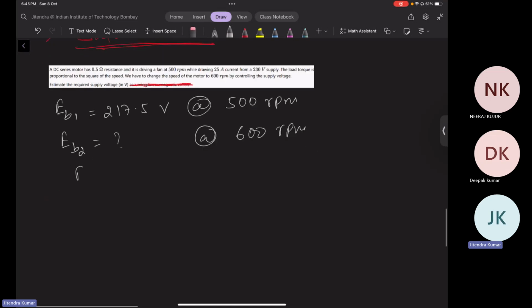For that, EB2 by EB1 is equal to N2 by N1 into phi 2 by phi 1. Now, what will be the relationship between phi 2 by phi 1? Can we write phi 2 by phi 1 is equal to IA2 by IA1?